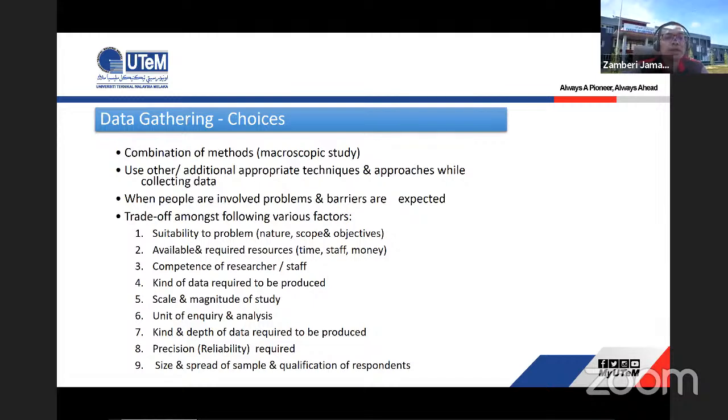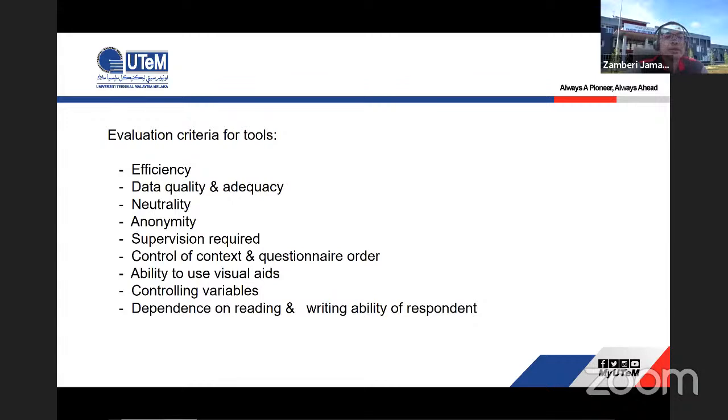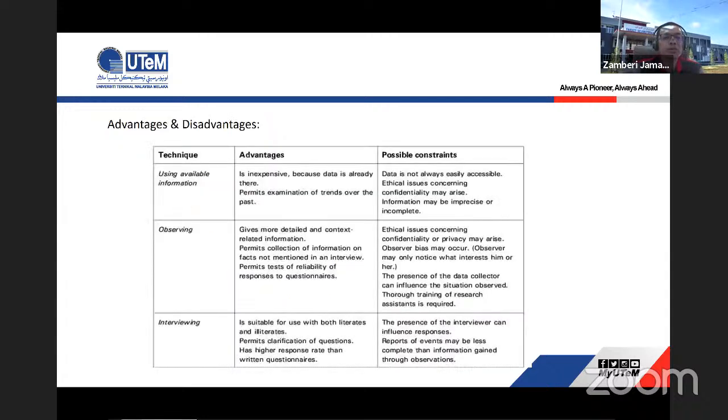Evaluation criteria: we have to be very concerned with the efficiency of the evaluation tools, anonymity, neutrality, especially when we work with questionnaires, supervision required, ability to use visual aids, and controlling variables. These are some of the things from the literature about the different techniques, their advantages, and possible constraints. I won't go into detail on that.